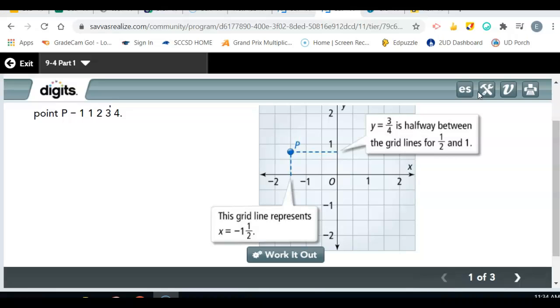You go to the line, there's no number. Go to the next line. It's a negative 1. So this line represents negative a half. Each line is worth a half. A half. So what would the x value of this point be? What would x equal? Relative. Negative 1 and 1/2. I would agree.